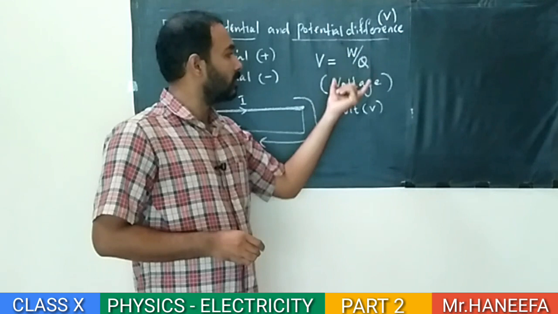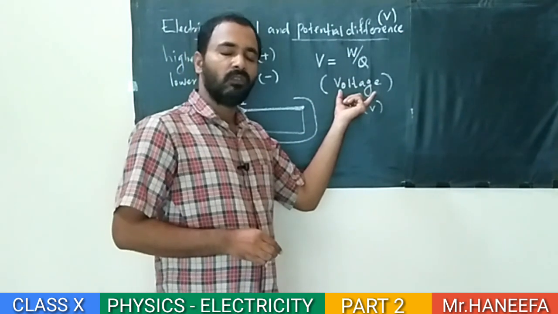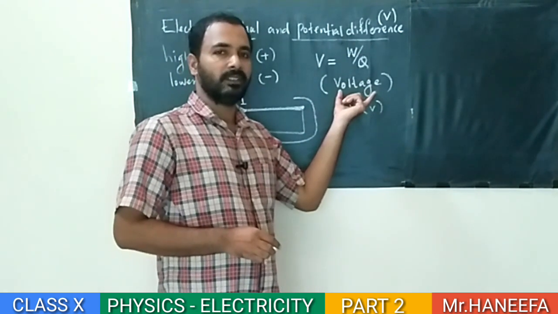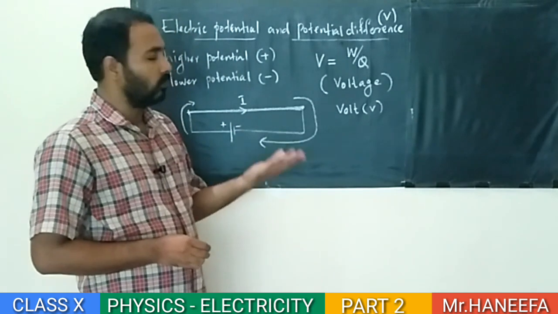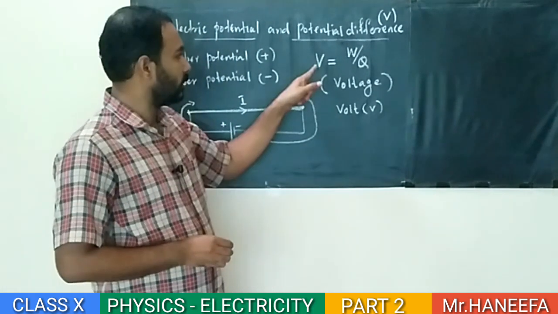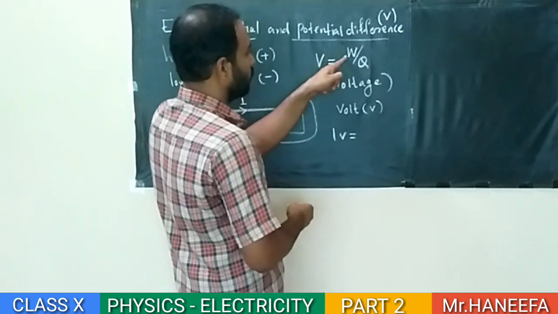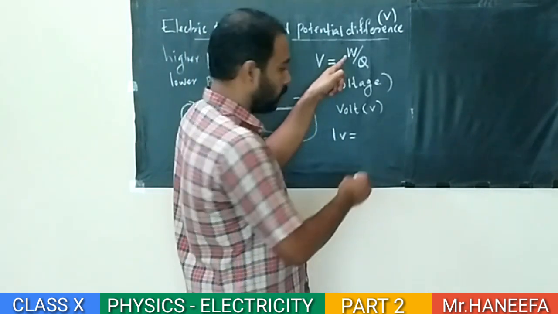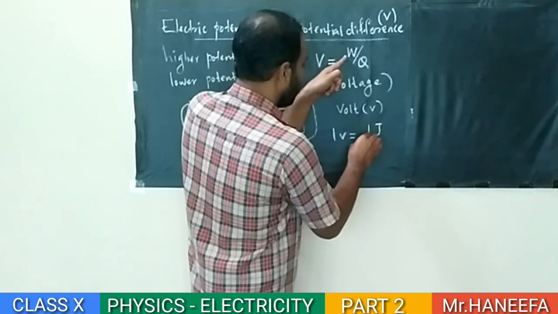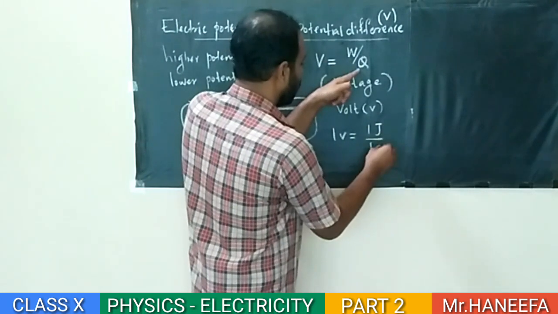Potential difference is also called voltage. Clear? So, what is the meaning of 1 volt? What is the unit of work? Joule. 1 volt equal to 1 joule divided by 1 coulomb.